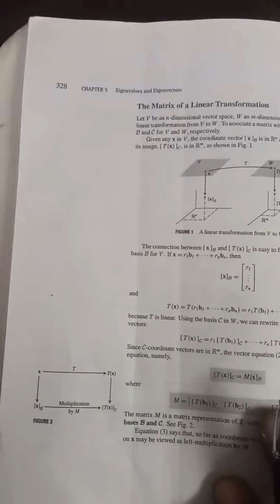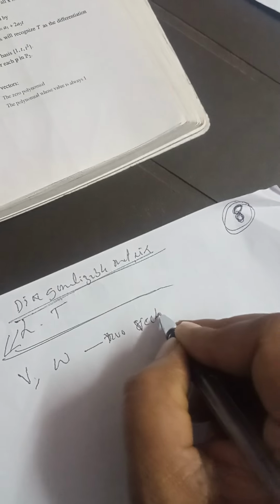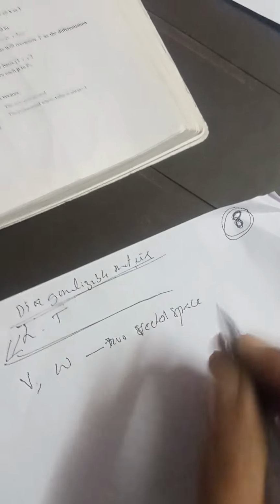Now see, this is your linear transformations topic. V and W are two vector spaces, right?